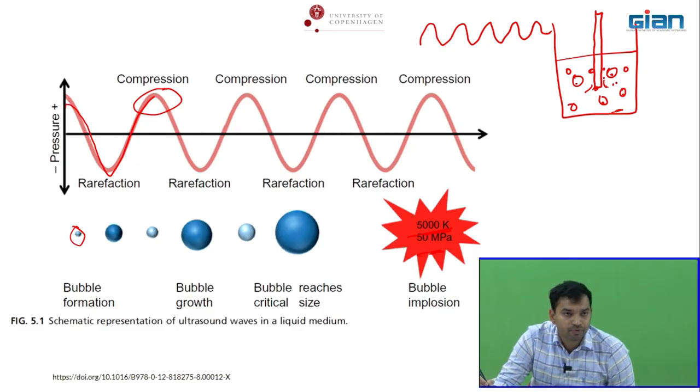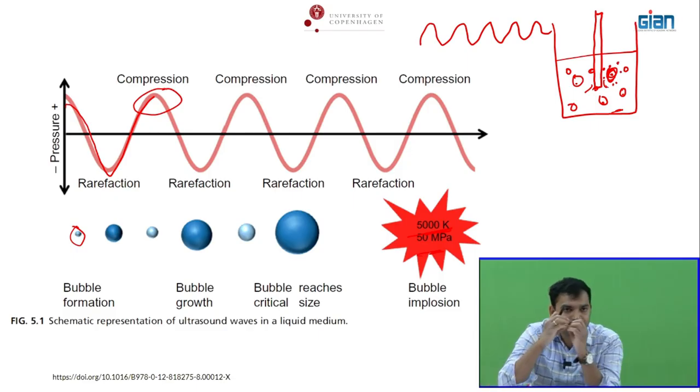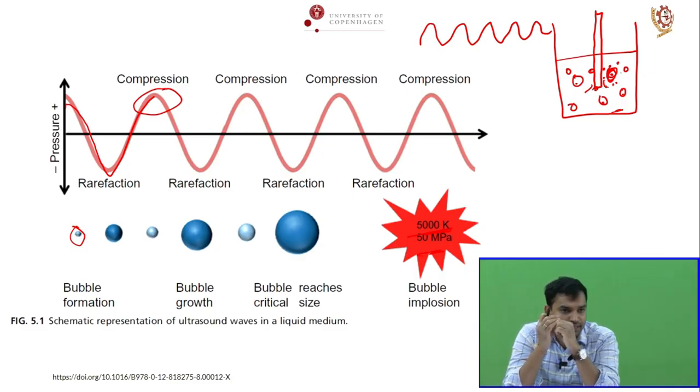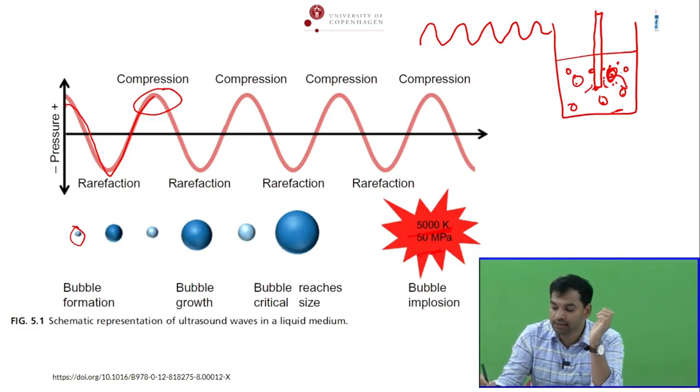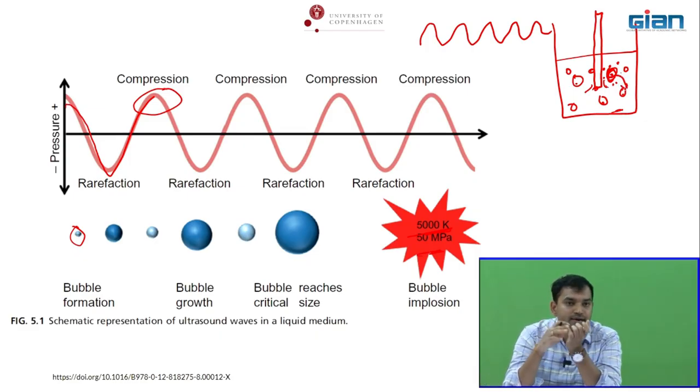Now you have a cell here and a region of high temperature and high pressure. Because of that, what we call microjets, very small microjets, are created, and that will damage the cell. That will explode the cell, releasing the components from inside to outside.